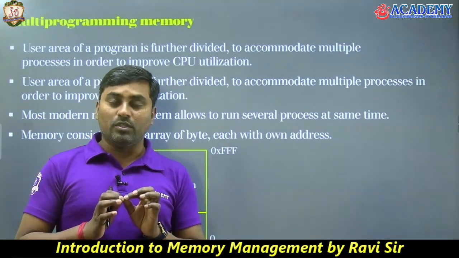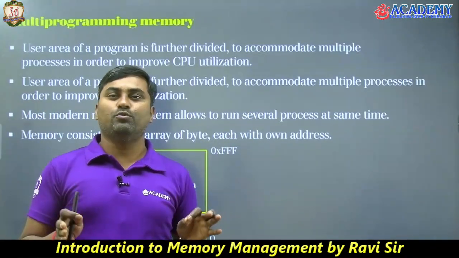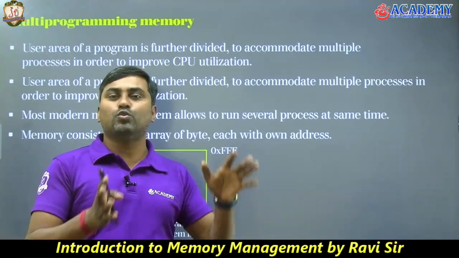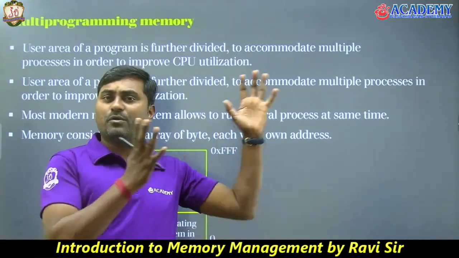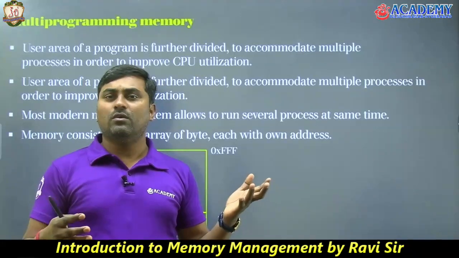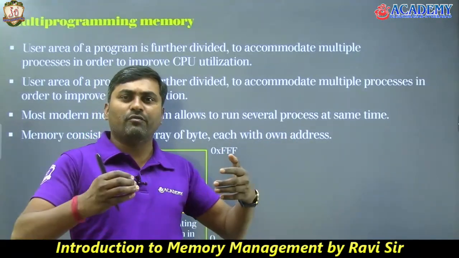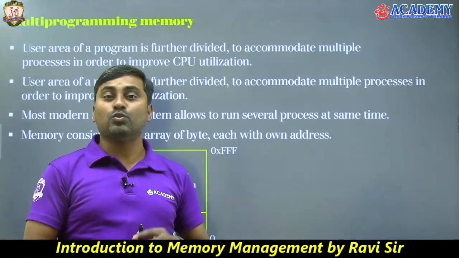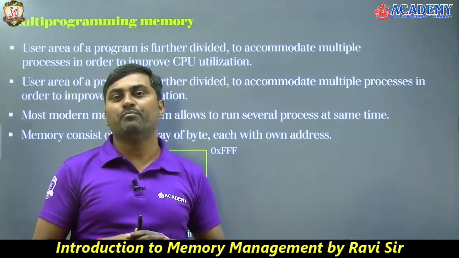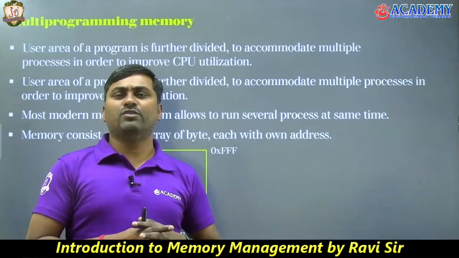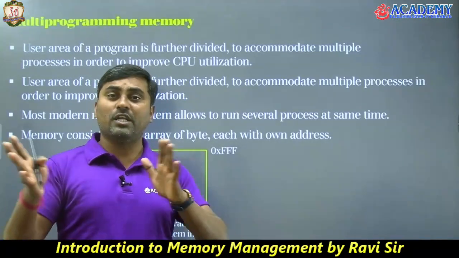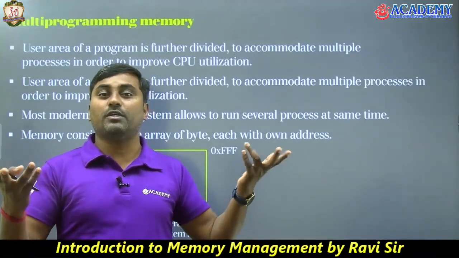In order to improve CPU utilization, some process should always be in main memory. So the user area is divided into multiple parts where we can keep multiple programs. This task of division is carried out dynamically by the operating system, and is known as multi-programming.